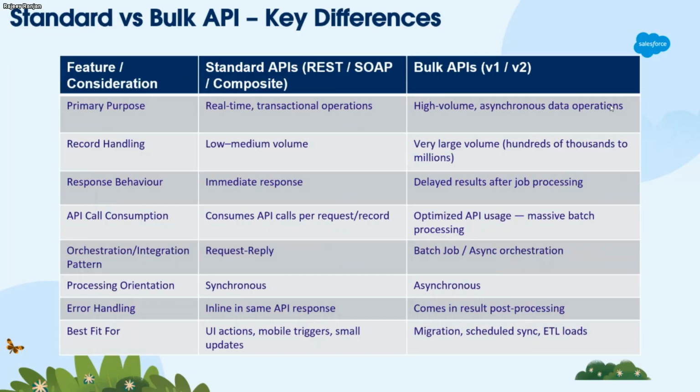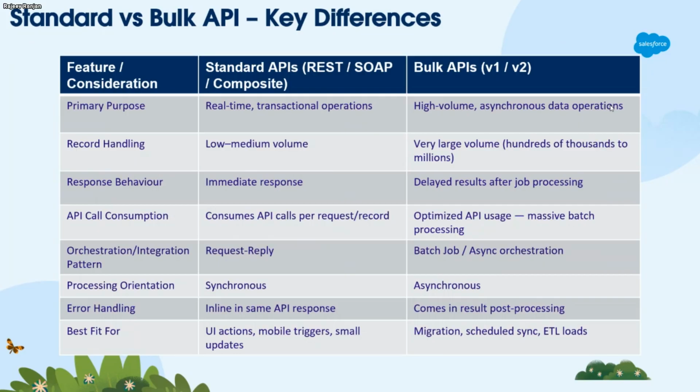Next, how your API call consumption works. If your API is going to consume per request, go for the standard. If you require batch processing, you can go for the bulk one. Then the orchestration or integration patterns, and your processing orientation, synchronous or asynchronous. Also error handling: sometimes the client or customer needs to be aware of what is happening, whether success or failure, and that instant feedback is required, unless the next action cannot be processed.